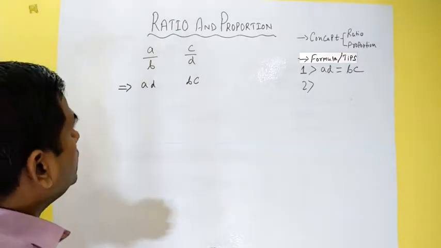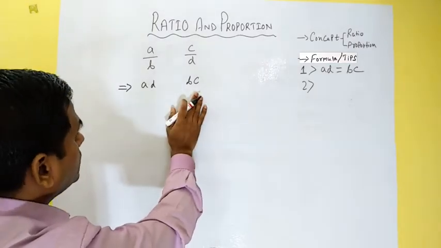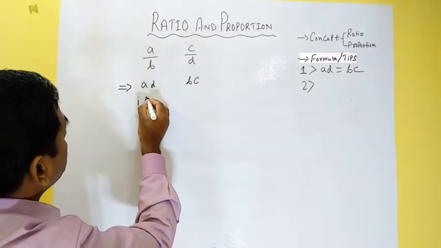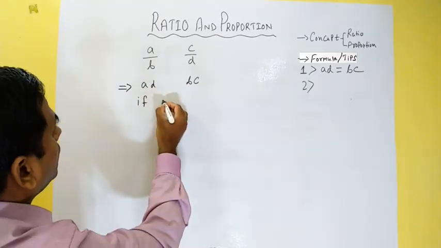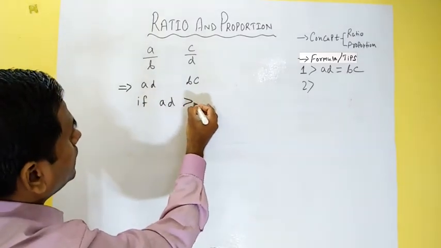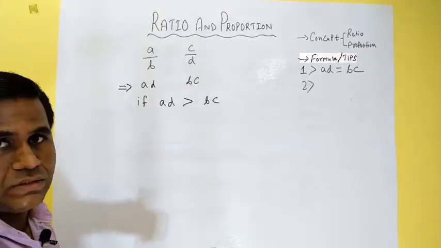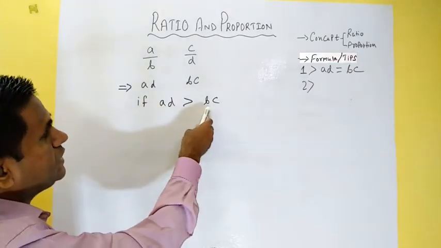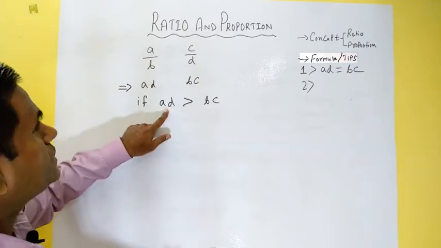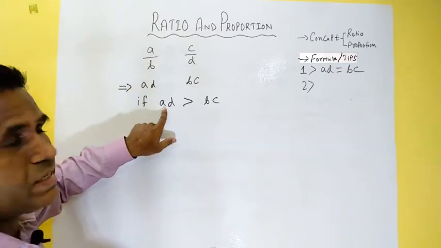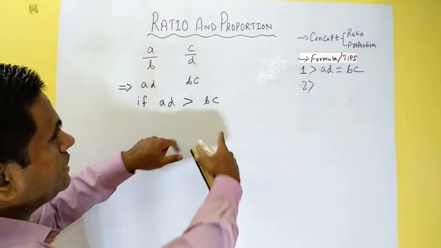So what we can do from here is, if AD is greater than BC, if this case arises, then we can say the left hand side is greater than the right hand side.